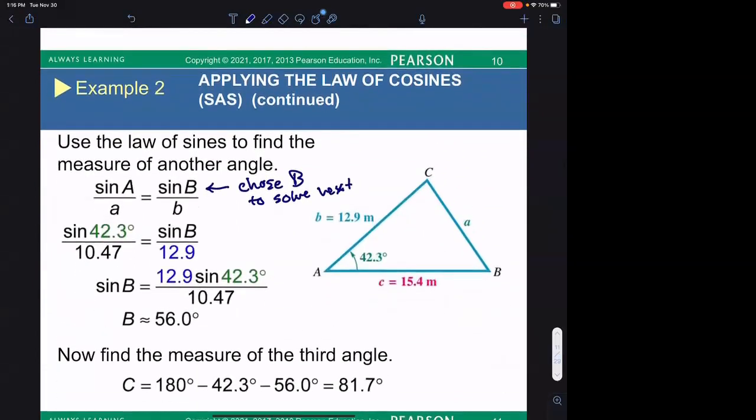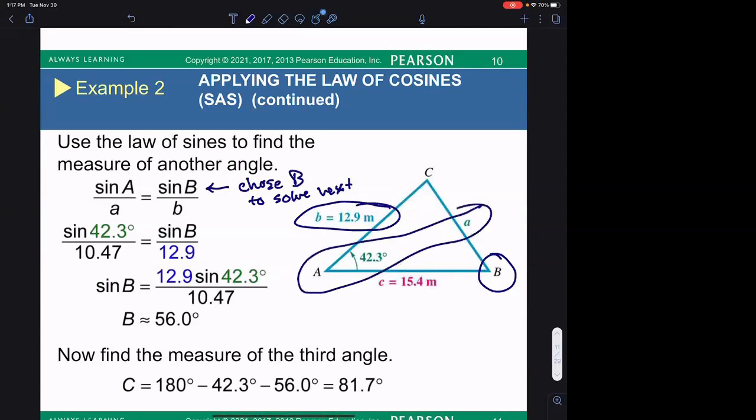So now that they want this to solve for B, we have side B that's opposite that. And we now have angle A and side A. Because we have these three, we can now switch to the law of sines. And the law of sines will just be a little bit less involved.